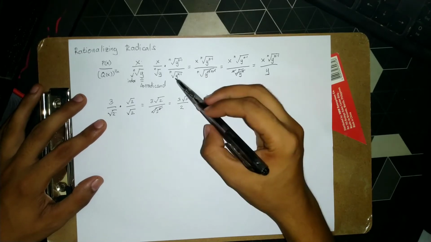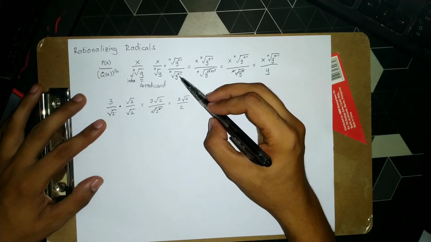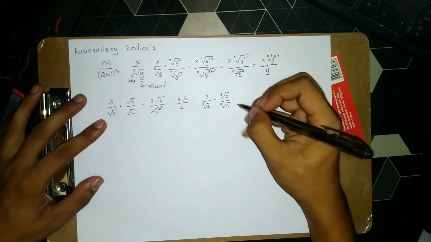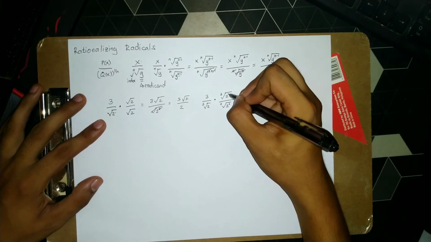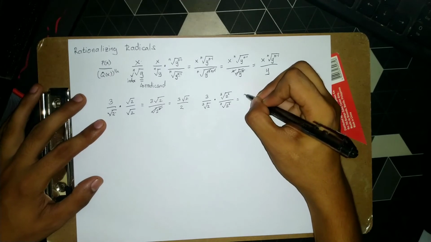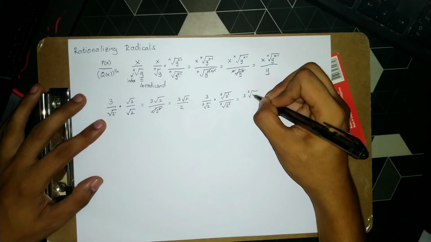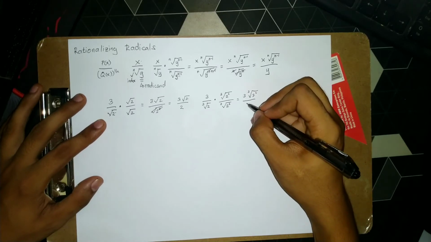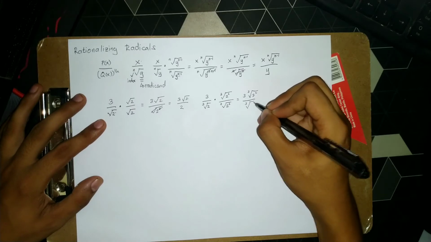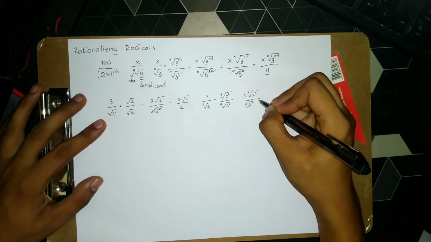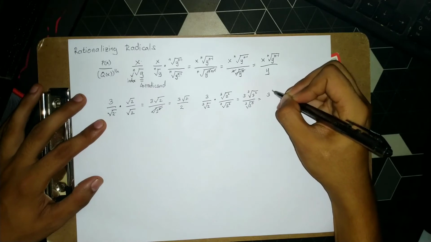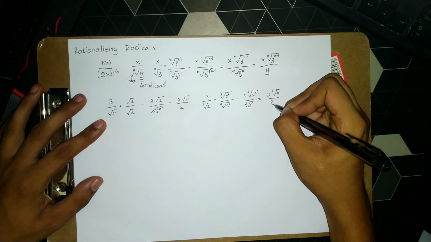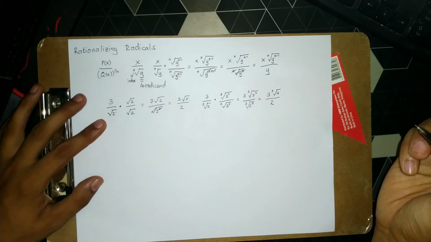So again, see the pattern, n minus 1. Our n is 3. So 3 minus 1 is 2. So we have 3 cube root of 2 squared over cube root of 2 raised to 3, or this can be simply written as 3 the cube root of 4 over 2.